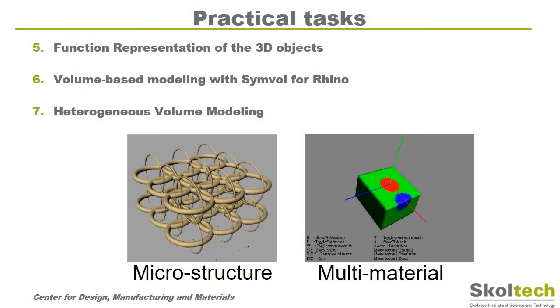The next 3 laboratory works are devoted to the heterogeneous volume modeling. These are volumetric modeling, microstructural and multi-material modeling. At the end of the course, you will get theoretical and practical experience in geometrical and heterogeneous modeling, as well as improve your programming and software development skills.